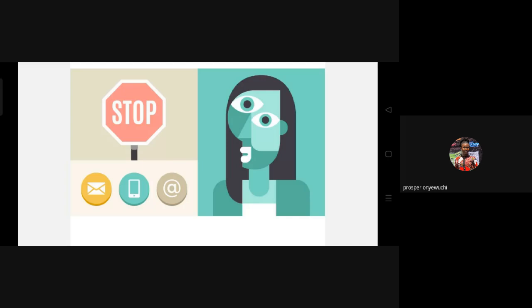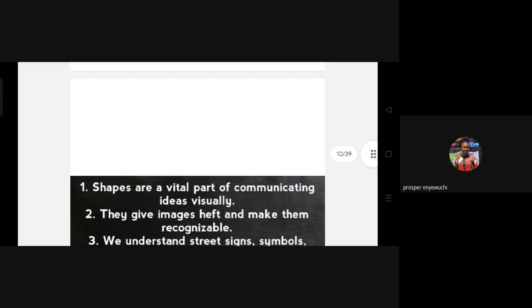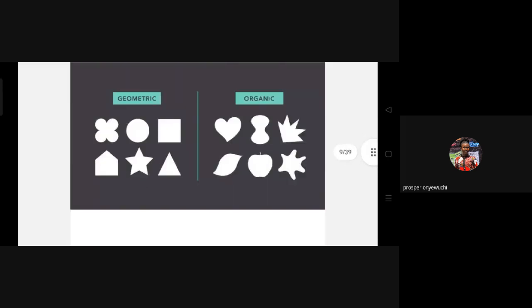Even this stop sign is a combination of different shapes. Even this illustration here, this female character illustration, is just a combination too of different shapes, whether regular or irregular shape, whether geometric shape or organic shape.